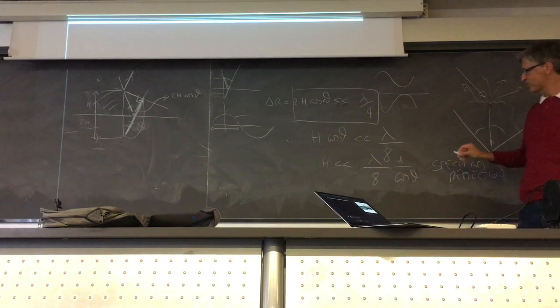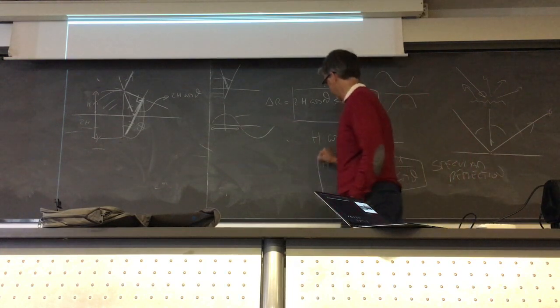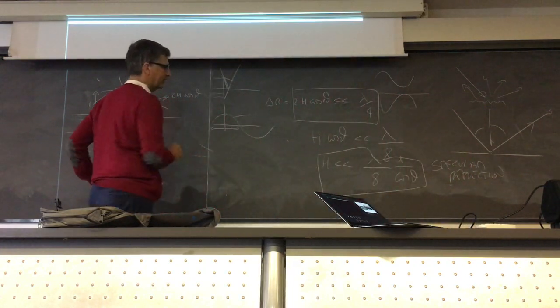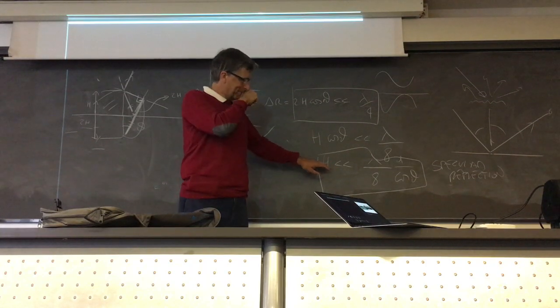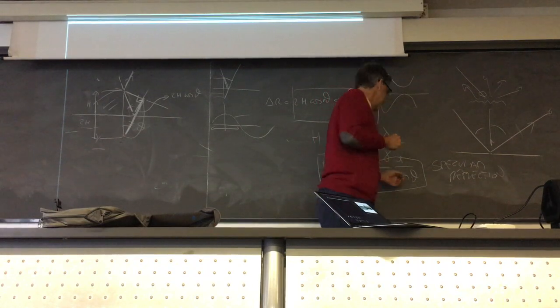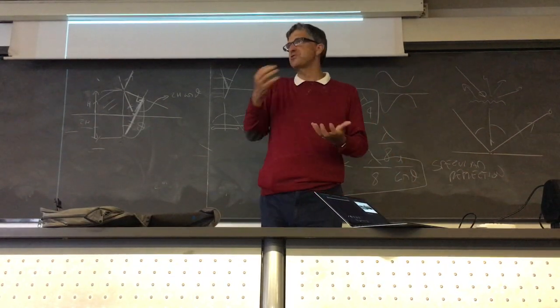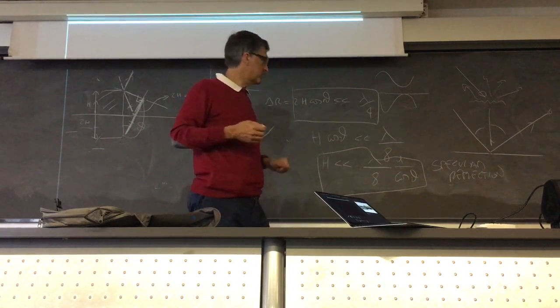So if you want to have a mirror, you should have this relation. Obviously, this depends on the angle theta, because if cosine of theta goes to 0, this goes to infinity, so any reflection can be specular, but this is an extreme case.